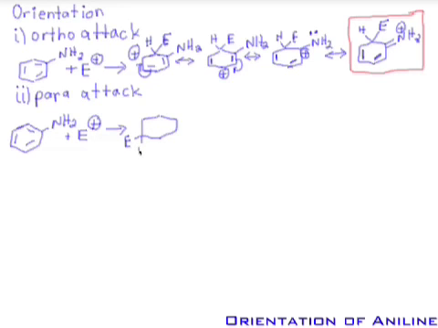We've got E. We get the positive charge on the ring. We have our NH2. So when these pi electrons move out and the E attaches para, we're going to get a positive charge in this position because the pi electrons move away from that carbon.